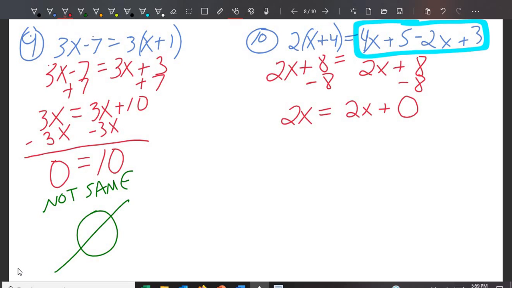I want to have a constant on the right side, even if it's a 0. Now, we're going to subtract 2x from both sides, and guess what we get on the left side? 2x minus 2x is a 0. So this is the situation where they're the same number on the left and right. The same. Since they're the same, your answer is one of those R's.